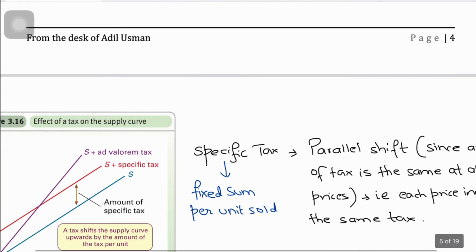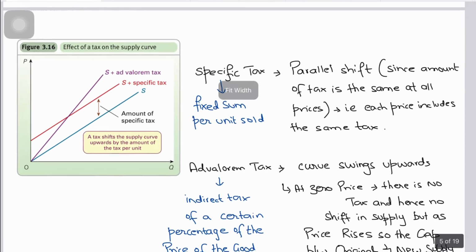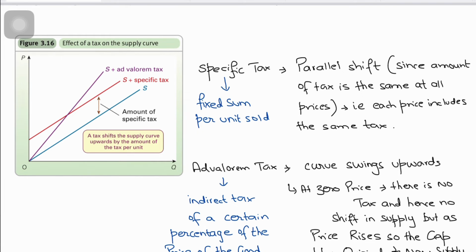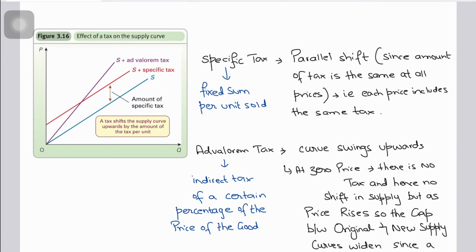For that reason, I have added a few things I want you to know. First of all, I want you to know the difference between a specific and the ad valorem tax. While a specific tax causes a parallel shift, the ad valorem tax would cause the curve to swing upwards.